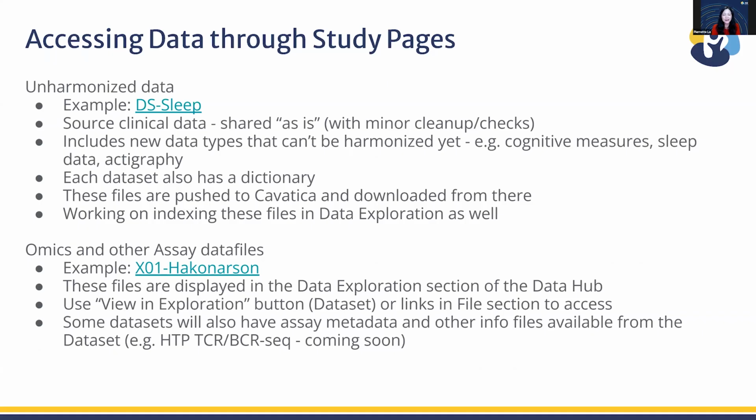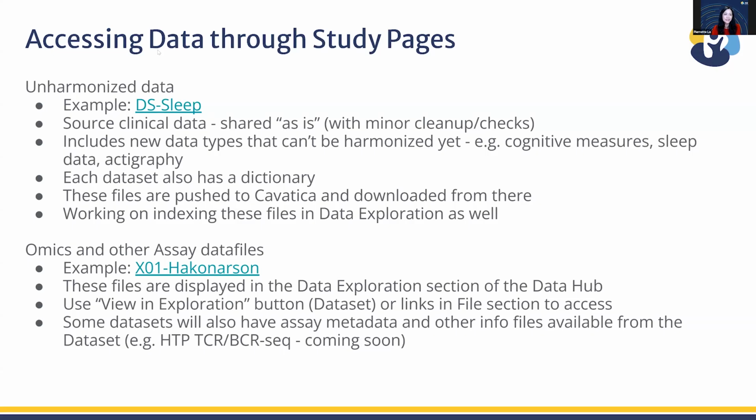So that is data that has not been standardized to the Include data model yet. And this could be either the source clinical data that we're sharing as it was received from our data submitters, or new data types like the cognitive measures or the sleep data that are not covered by the Include data model yet. And then we also have data dictionaries for all of those.